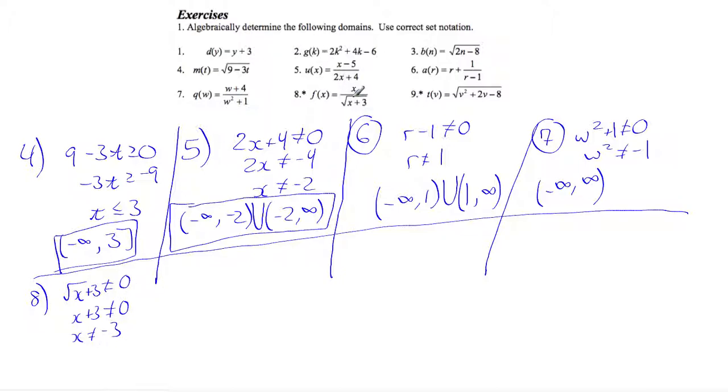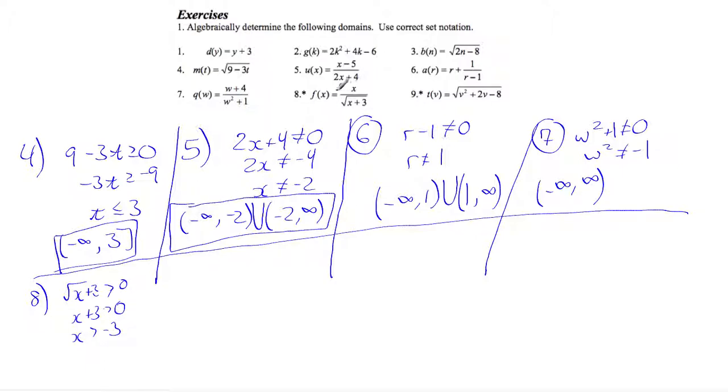However, because it's a square root, I can't have that be negative either, because then I have some imaginary number in my denominator. So rather than saying this is strictly not equal to 0, I'm going to say that this x plus 3 must be greater than 0. That means that x must be greater than -3.